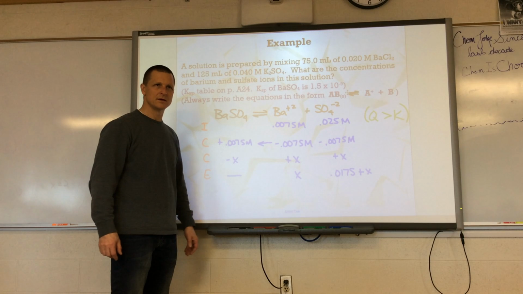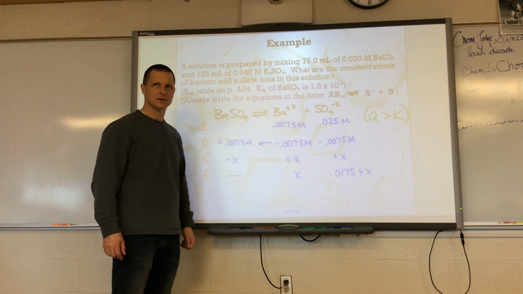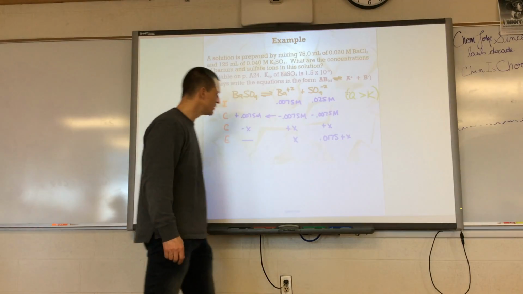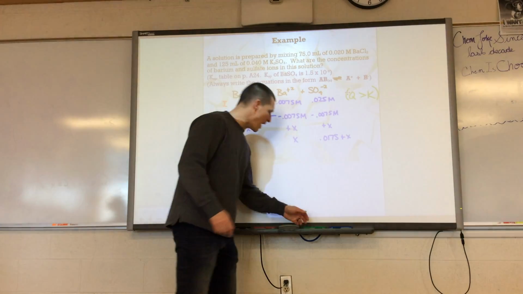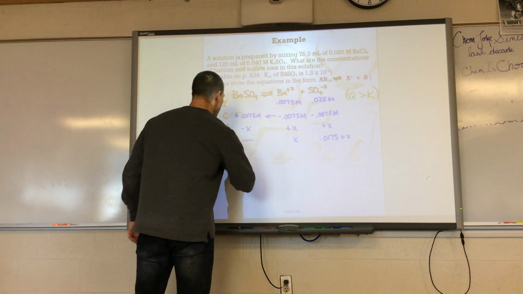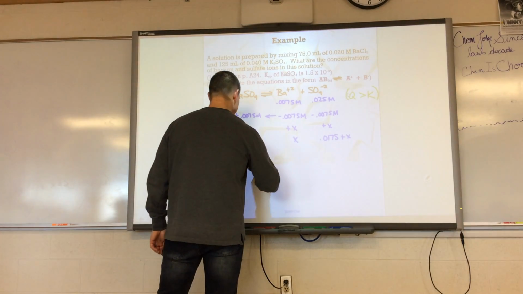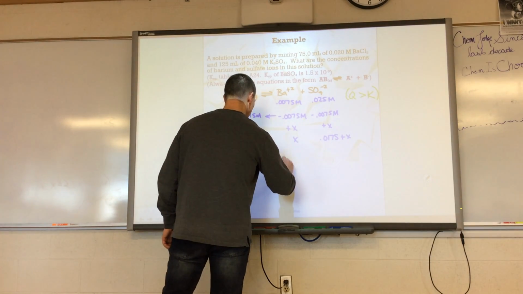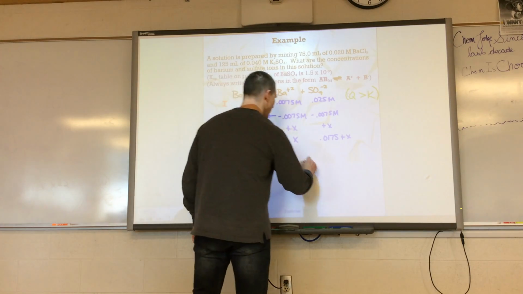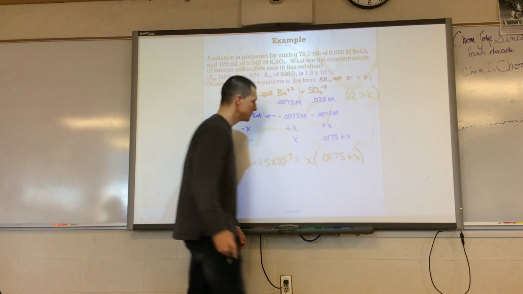Any questions about what we've done so far? Okay, so now we just have to do the math on it, which is pretty simple. Ksp equals 1.5 times 10 to the negative 9. And that's x times 0.0175 plus x.